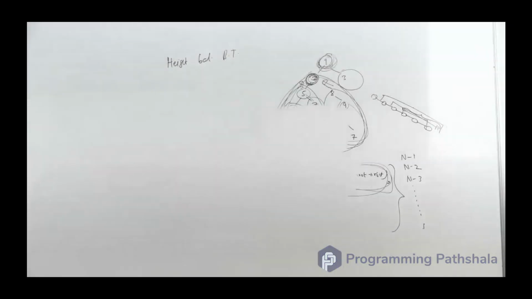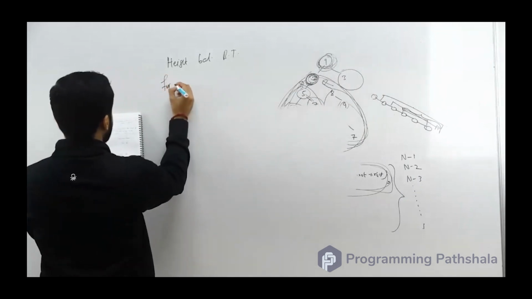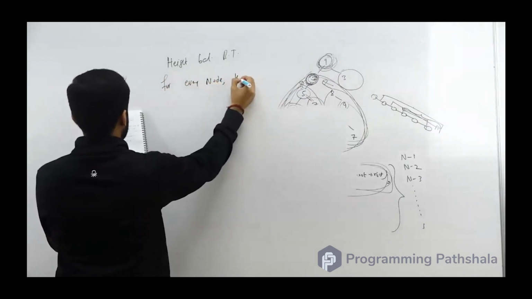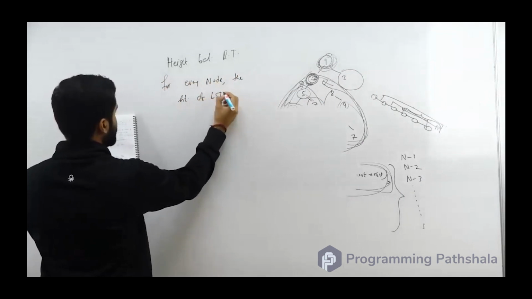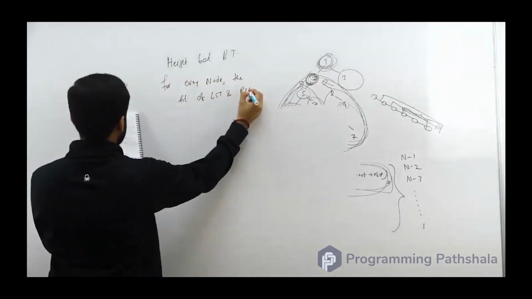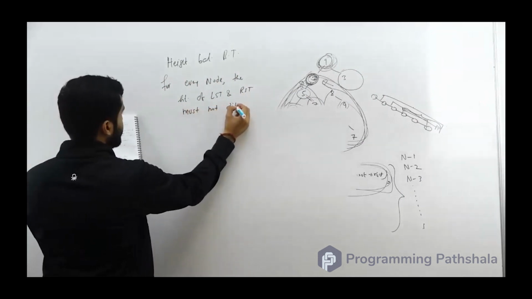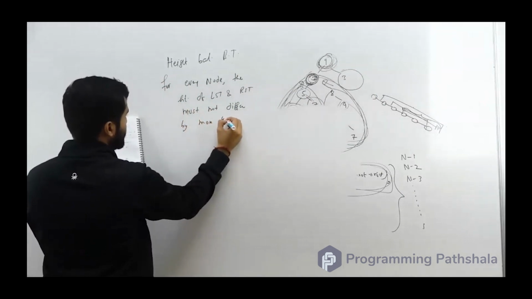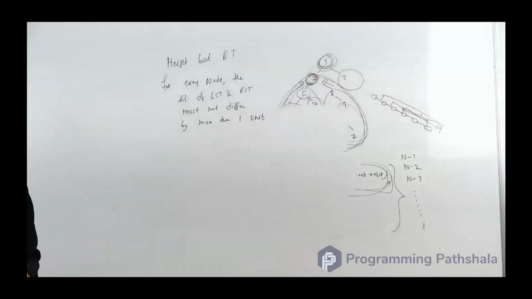A height balanced tree is one where for every node, the height of left subtree and right subtree must not differ by more than 1 unit. This is the formal definition of a height balanced tree.